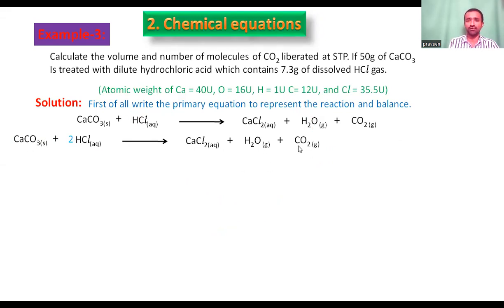Carbon, 1 and 1. Chlorines, 2 and 2. Then the problem is solved. We have a balanced equation now. Next, find the atomic weights of the individual reactants and products, the individual substances. So CaCO3, is there any coefficient before it?